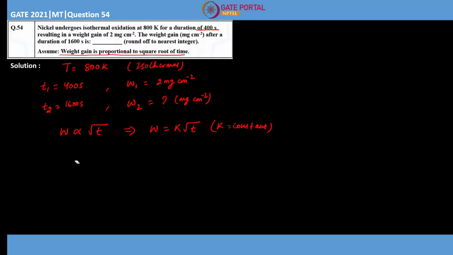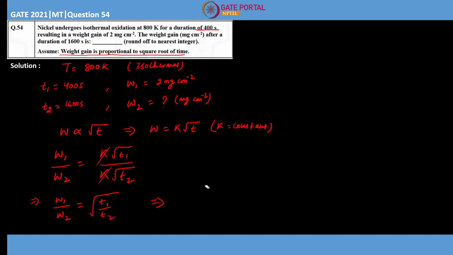So if you use the data given above, you can calculate a ratio of W1 upon W2, which will be nothing but k root T1 upon k root T2. So k and k will get cancelled. So finally you will get W1 upon W2 is equal to under root T1 upon T2.